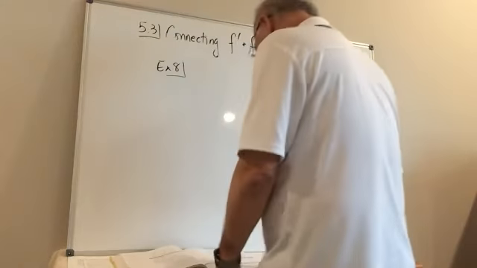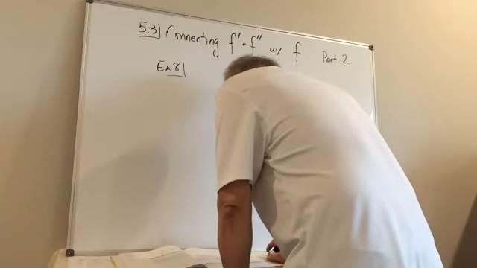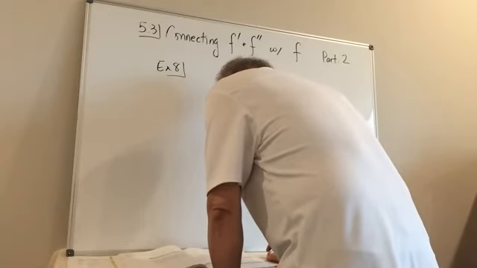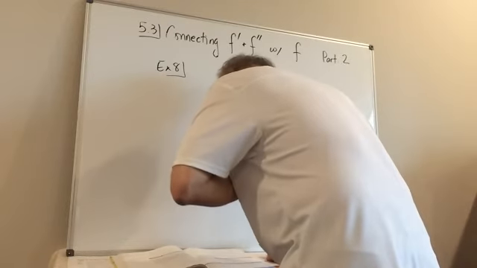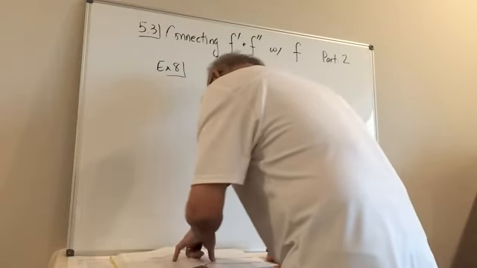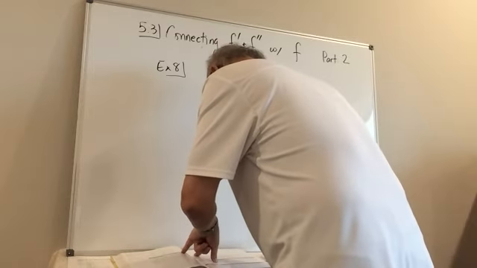So if I had a function f that is continuous on the interval -4 to 4, and the discontinuous function f prime, which is shown in figure 5.32.